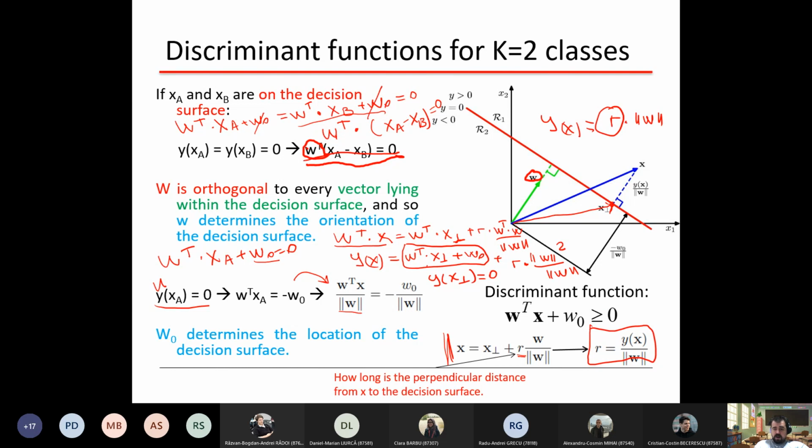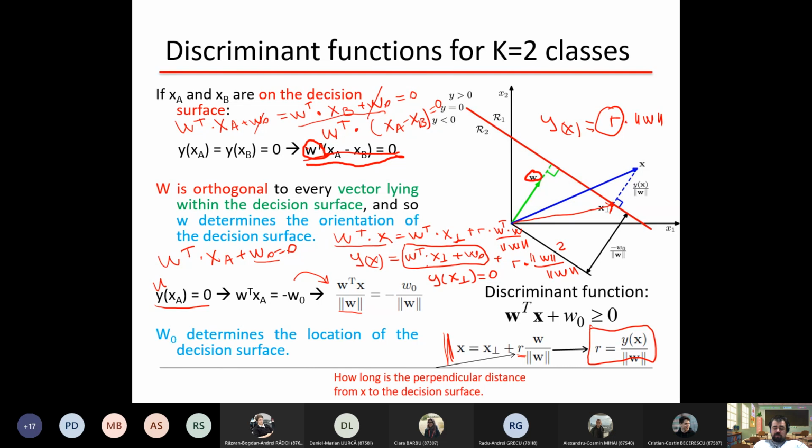So r equals y of x divided by the norm of w. Basically, what this is saying is that in order to evaluate the value of x, we have to compute y of x and divide it by the norm, and then we're set.